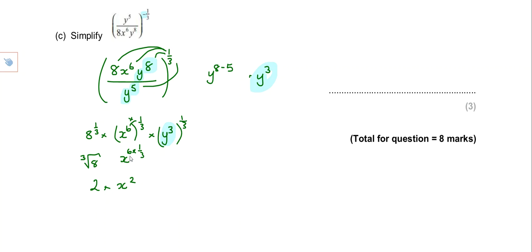Yeah, if you want to do it 6 over 1, but I just think 6 thirds, rather than having to put it over 1, 6 times a third is 6 thirds, which is 2. And then I've got y to the power of 3 times a third, which is y to the power of 1. So my final answer is 2x squared y.